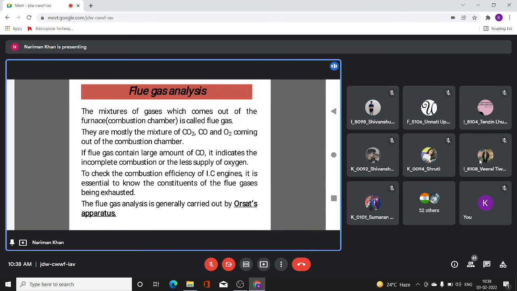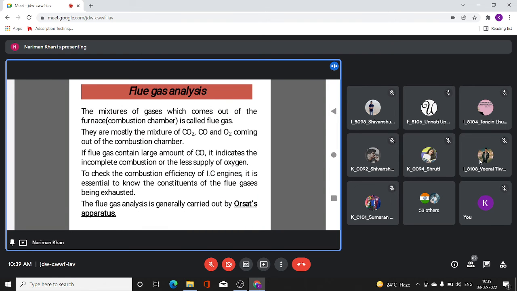If our fuel is of high quality, having a high calorific value, then it mostly produces carbon dioxide because it will burn completely, and you all know that complete combustion of any hydrocarbon results in the production of carbon dioxide.